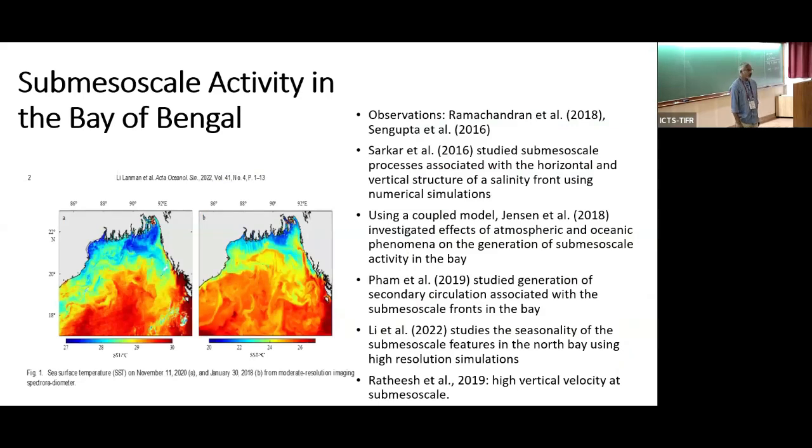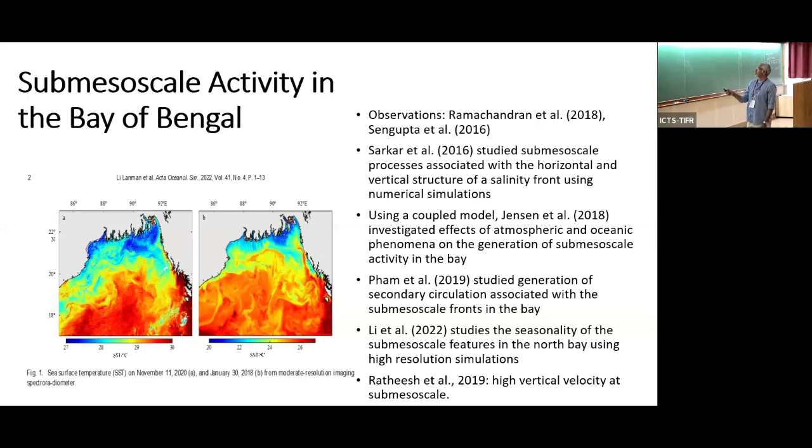There have been some reports which indicated fairly strong submesoscale activity in the Bay of Bengal. There have been some observations, Ramachandran et al. and Sengupta et al., who suggested that there are fairly strong submesoscale generating fronts in the Bay of Bengal.